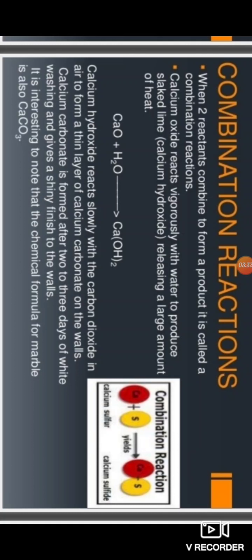Here calcium carbonate is formed after 2 to 3 days of whitewashing walls. These calcium carbonate give a shiny finish to the walls.